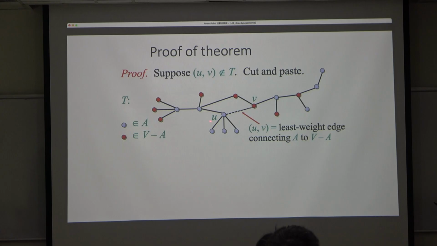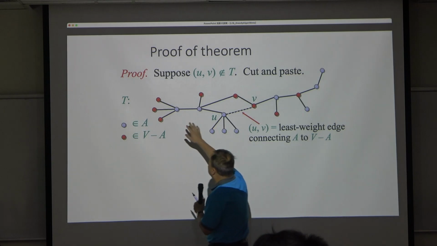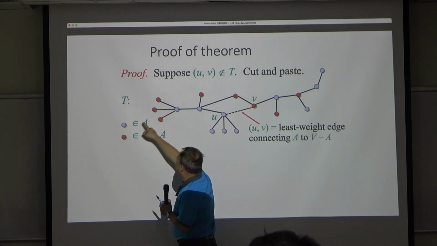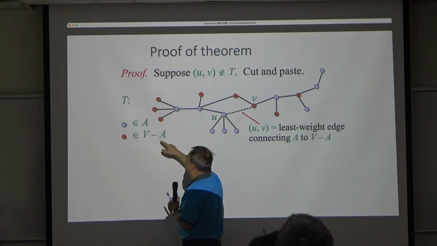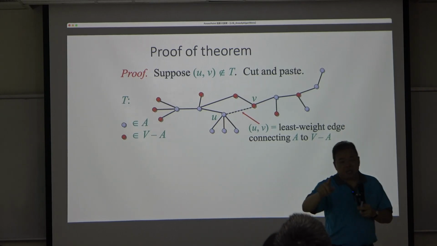The idea is like, so this UV is the least weight edge connecting A to V minus A. So say we divide all the nodes here into two sets. Like the blue nodes are in A, and the red nodes are in V minus A. Be very careful.